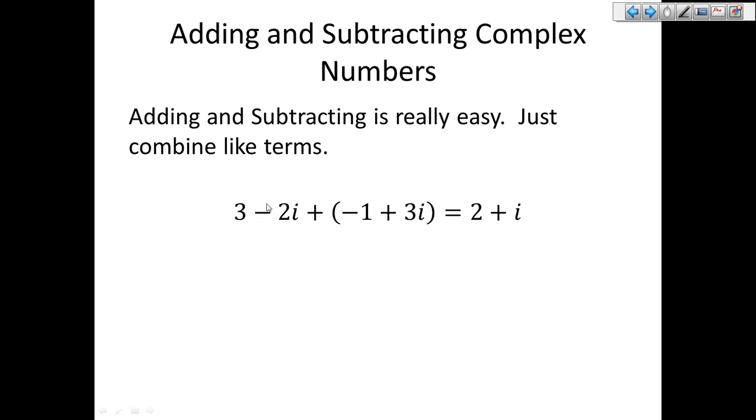Take negative 2i plus 3i, and we get plus i. Subtraction is just as easy. You just have to remember that this negative gets distributed to both of these numbers. So 3 minus negative 1 is 4. Negative 2i minus 3i is negative 5i. Very, very straightforward.